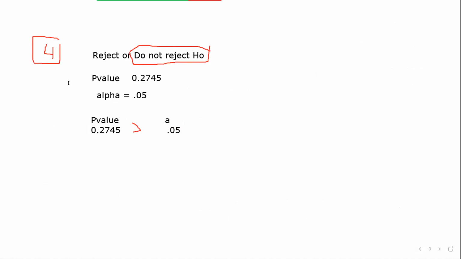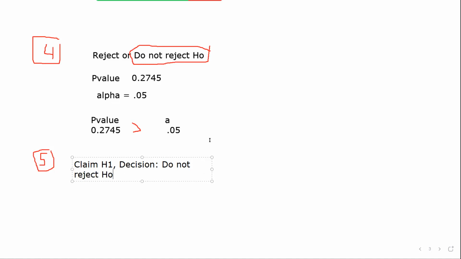But besides that, for step 5, I'm just writing this as a little note. You don't have to write this, but it might help you if you're looking at the flow chart. The claim is H1, and my decision in step 4 was to not reject H0.